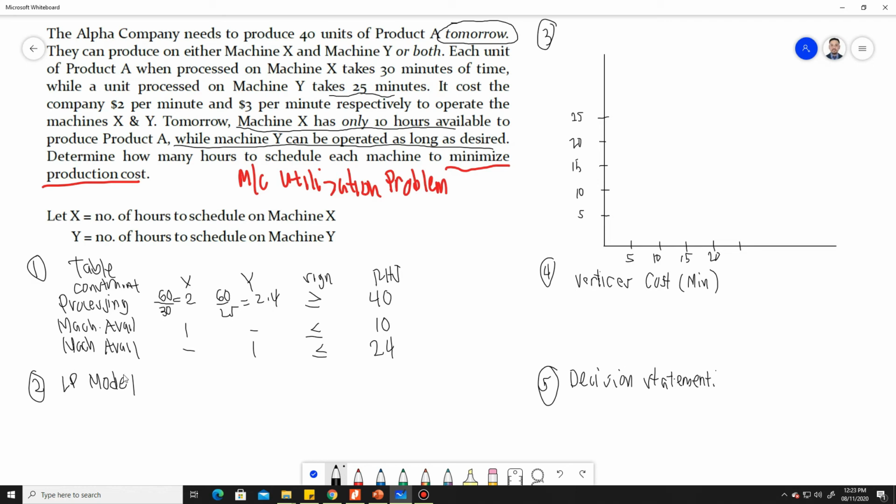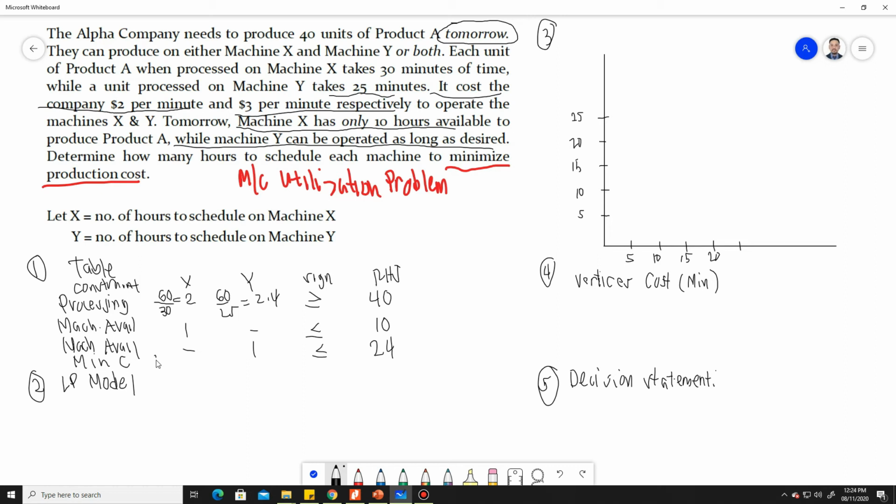Okay? So, and then our objective, since minimize production cost, we have min C. And then, mapapansin natin dito, no, it cost the company $2 per minute and $3 per minute, respectively, for X and Y. So, yung $2 per minute, ko-convert natin sa isang oras.